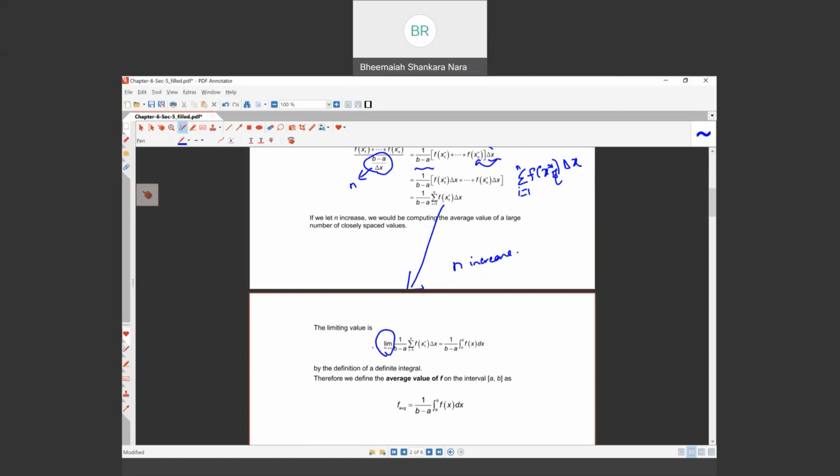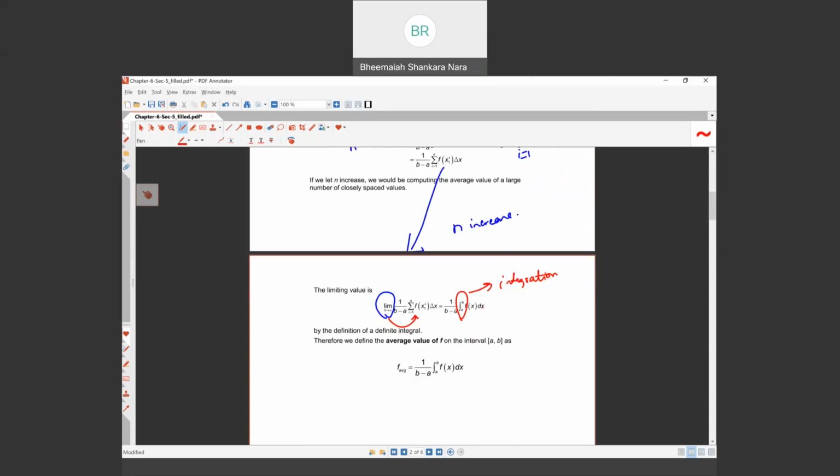Now in the next step, the limiting condition and the summation, both of these are rewritten as integration from a to b. So you remove the limit, you remove the summation, rewrite this concept as integration. So you're summing the values of f of x times dx. Integration means you're summing the values.